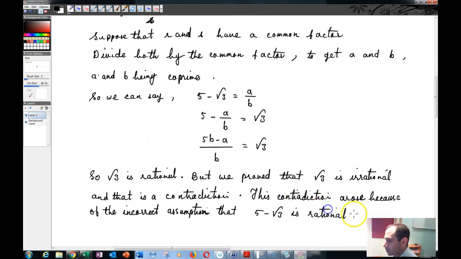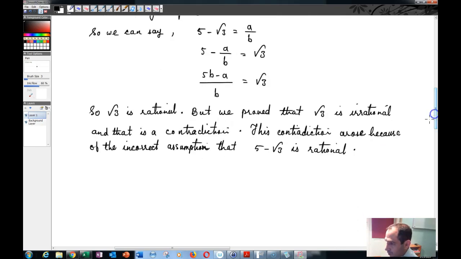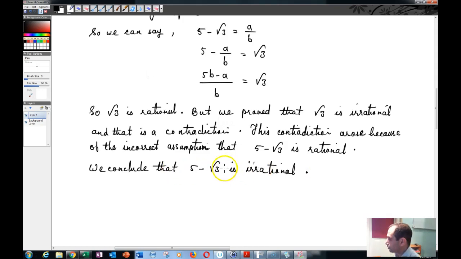So that means that our assumption was actually wrong. So we conclude that 5 minus square root of 3 is irrational. And that's basically what we wanted to prove. We wanted to show that 5 minus square root of 3 is irrational.